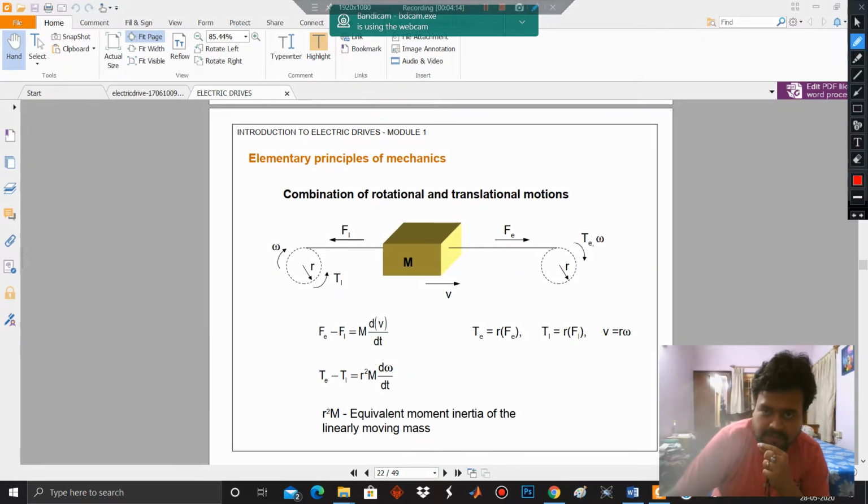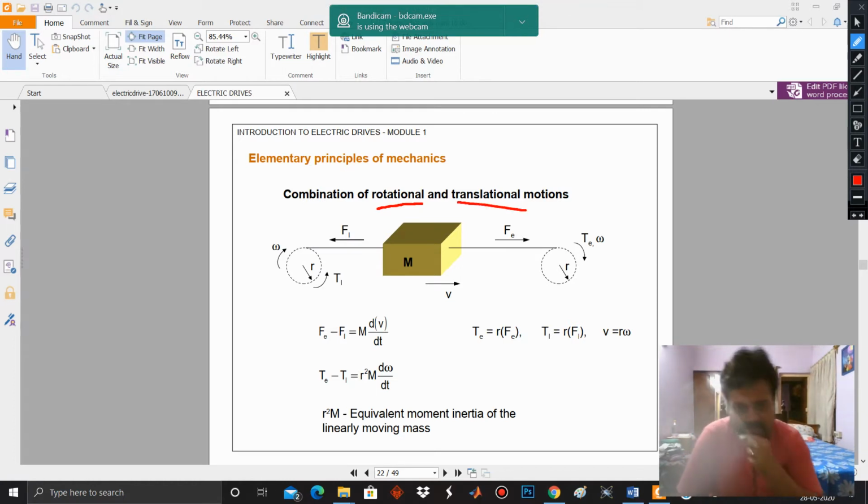So now there may be two types of motion. One is the rotational motion and another is the translational motion. Angular motion means rotational motion, and linear motion means translational motion.